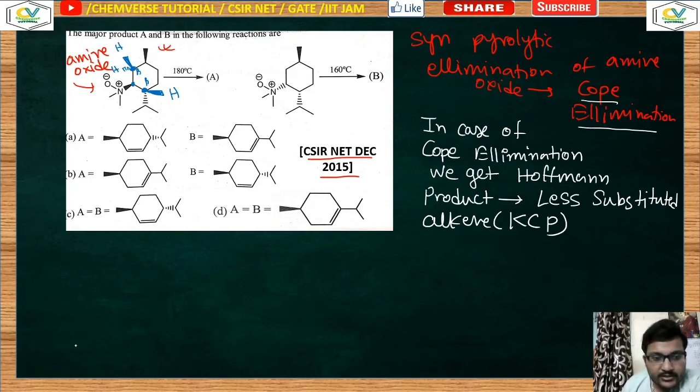Now let's move on to this question. So this is your substrate. Over here there is an amine oxide, N-oxide with a methyl, and here an isopropyl group is there.